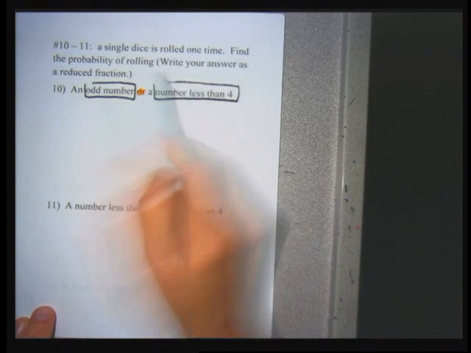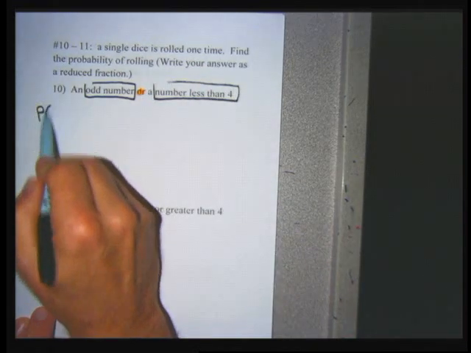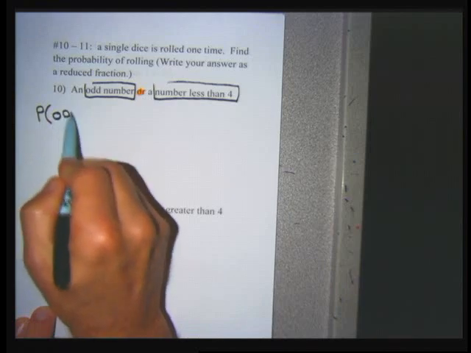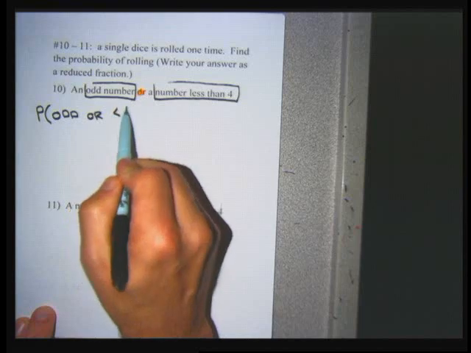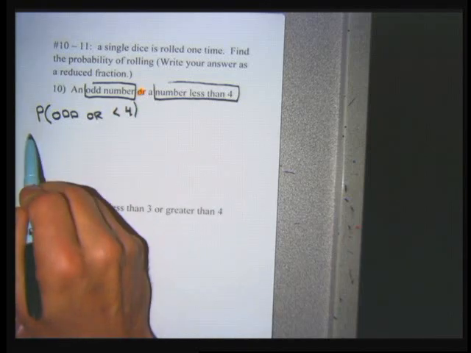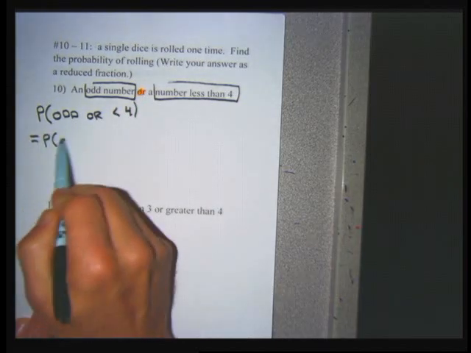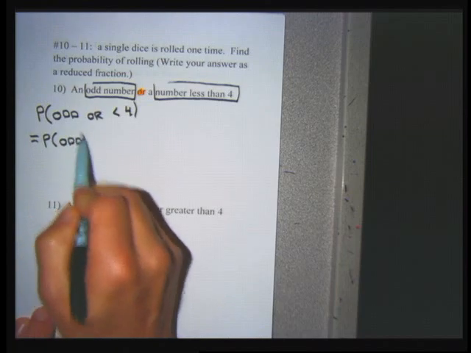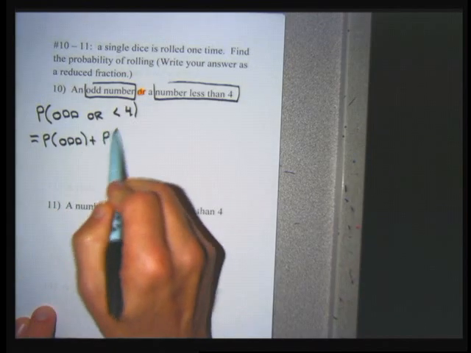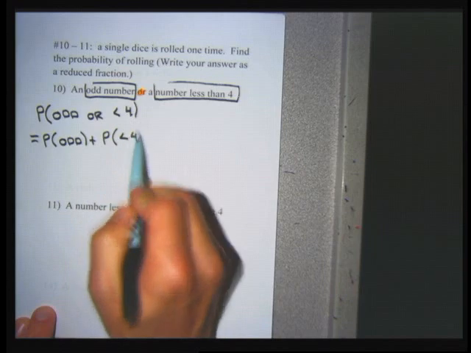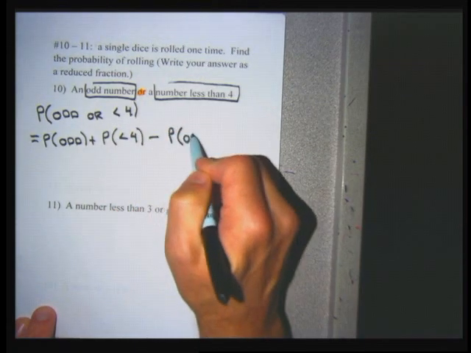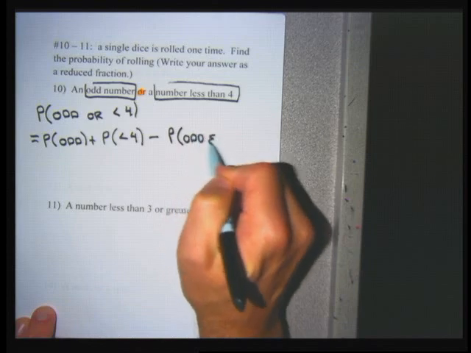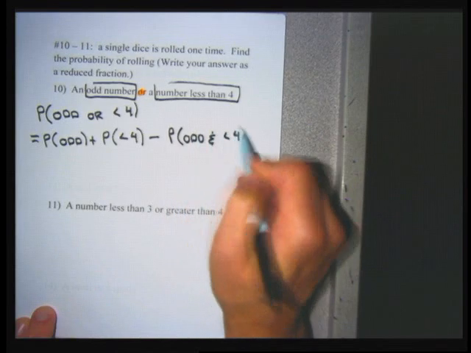So I want to find the probability of getting an odd number or a number less than 4. And that's going to equal the probability of getting an odd number plus the probability of getting a number less than 4 less the probability of getting a number that's both odd and less than 4.